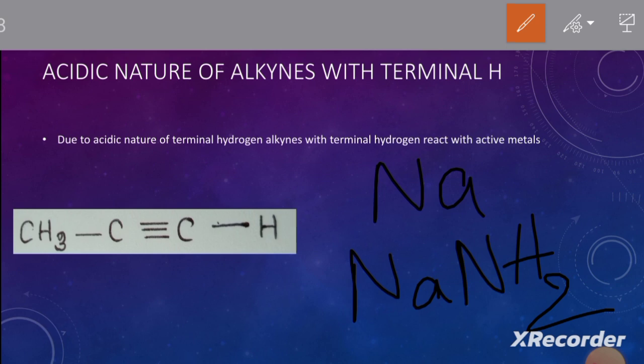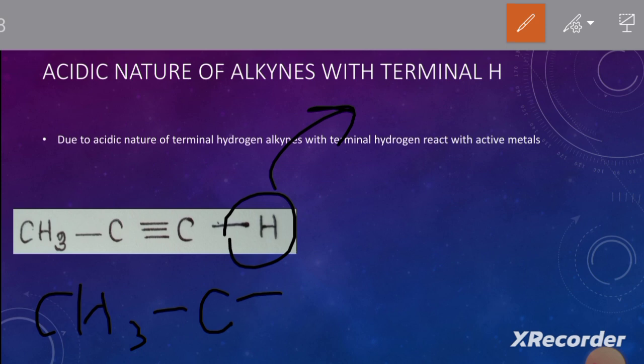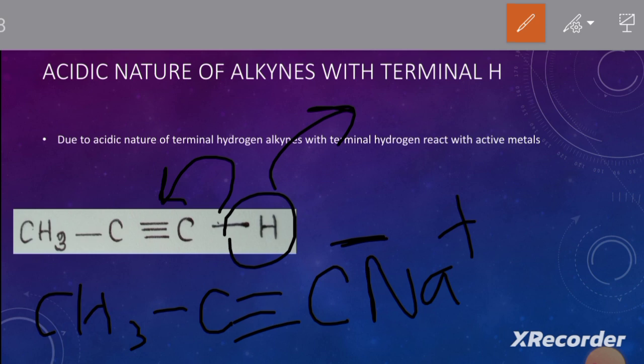If this reacts with sodium, what happens is the hydrogen leaves and CH3, C triple bond C minus charge forms here because the electrons come to this carbon, and sodium plus is attached to here, and it produces a byproduct, hydrogen gas, right?